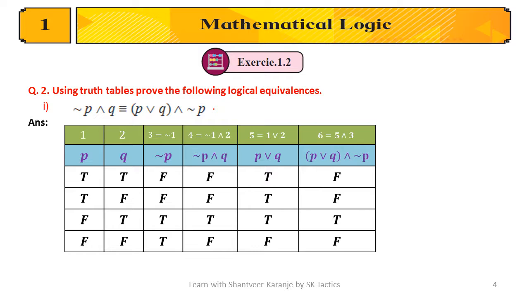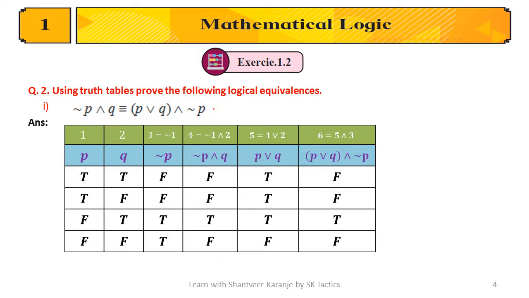So the answer is true for the third row, and for the rest it is F. Next, the fifth column is P or Q, which is for the right hand side. Along with that, if I take one more column, negation of P, it completely gives me the right hand side.